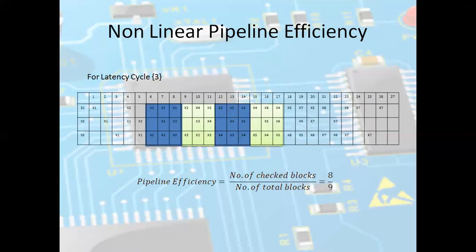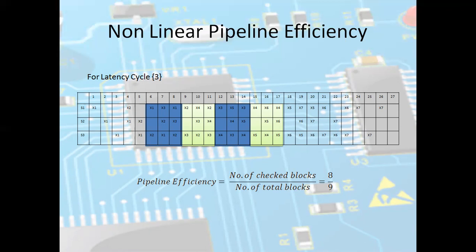Here in the given diagram, for latency cycle 3, we see there are four parts in which the efficiency can be calculated, because it shows the maximum efficiency. Firstly, we take the 6 to 8 part, in which the latency is 3.